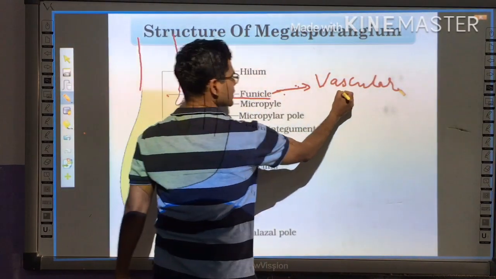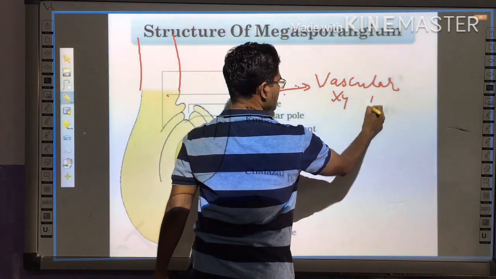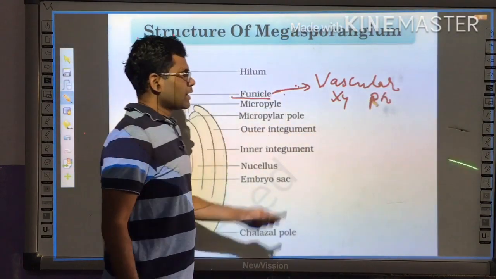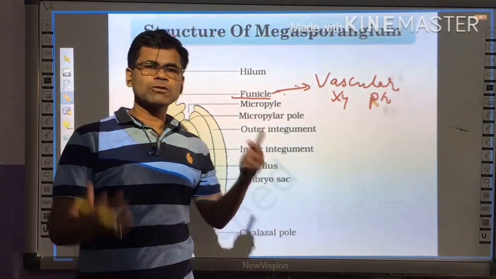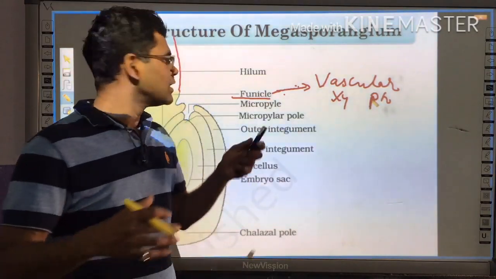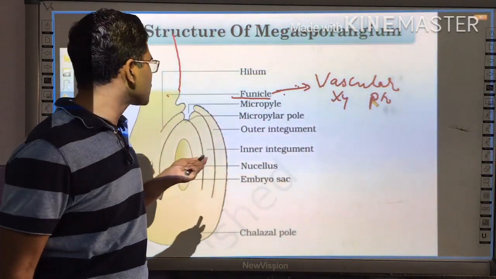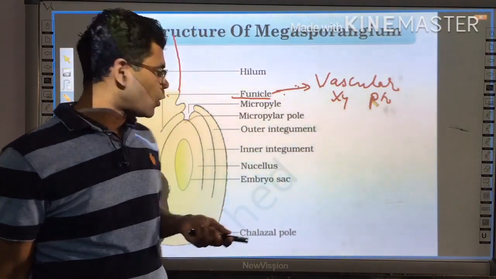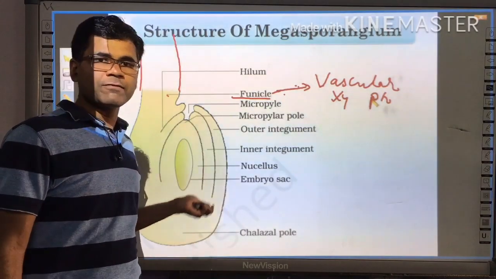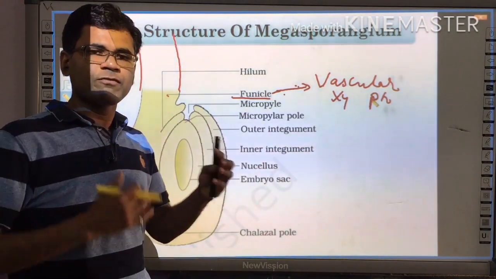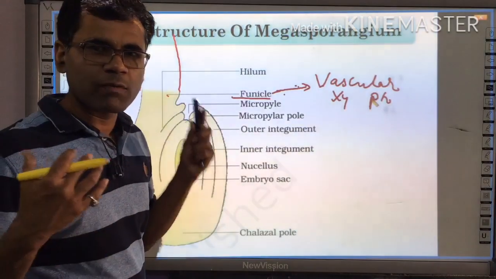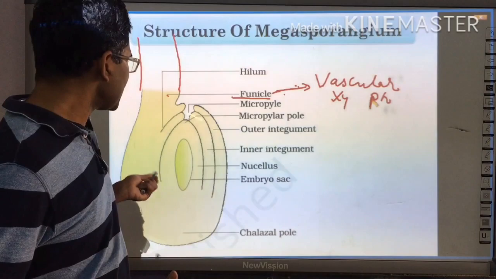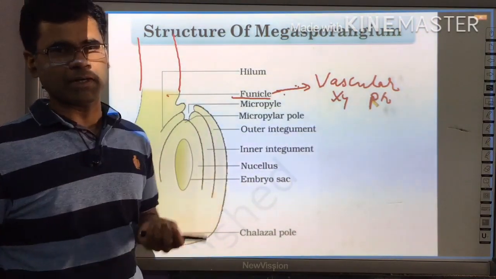These funicles are basically vascular in nature. They contain xylem and phloem, and due to the presence of these conductive tissues, the funicle performs the role of conduction. During the growth and development of the megasporangium, the funicle acts as a conductive tissue and provides all the nutritive components required by the ovule for its development.